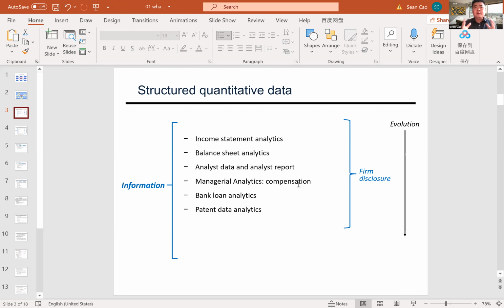So this is a very complicated contract. How you should analyze this data is also important. As an accounting or finance major, I think you guys should know all this data and how to analyze that. But we're going to cover that in another class. You guys can check out the other class too.